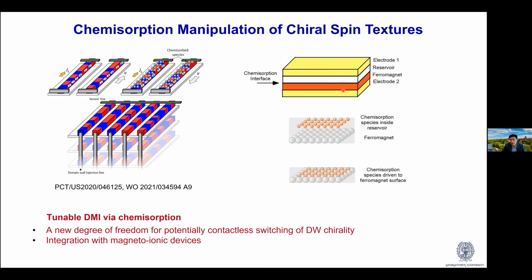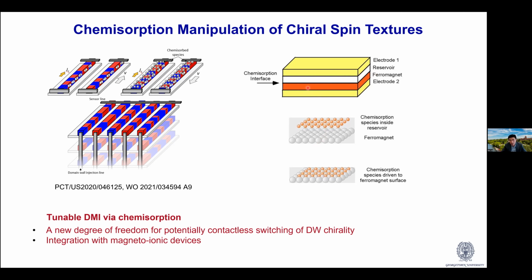And this can also be implemented in solid-state magneto-ionic devices. Even though the chemisorption effects I illustrated earlier were done in ultra-high vacuum for clear control purposes, the same physics really applies in solid-state devices. We can imagine using certain stimuli, for example an electric field, to drive the ions in an ionic reservoir into contact with a ferromagnetic surface and let it do its thing.